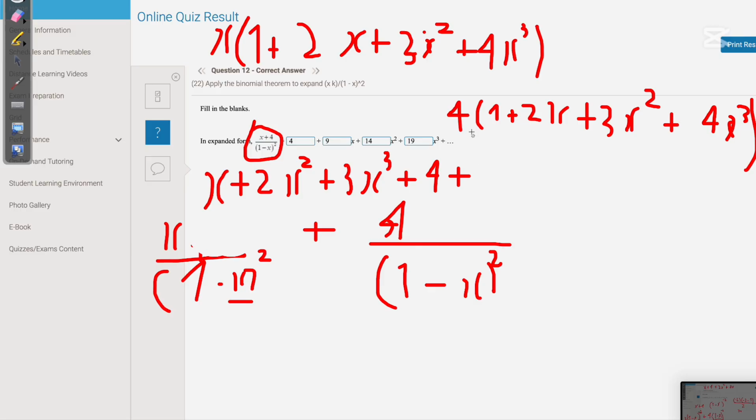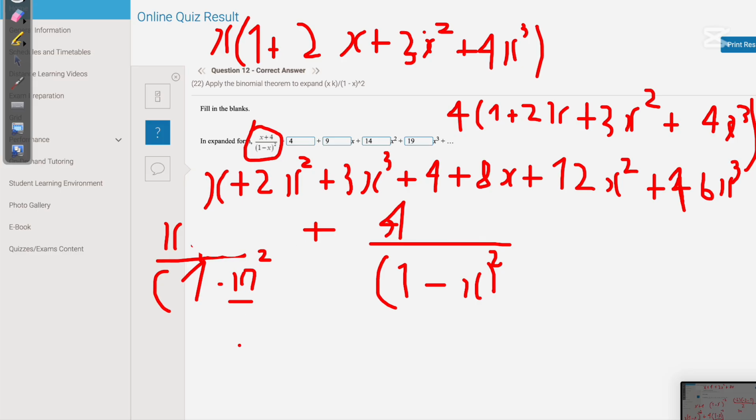Again, we distribute: 4 plus 8x plus 12x squared plus 16x cubed.